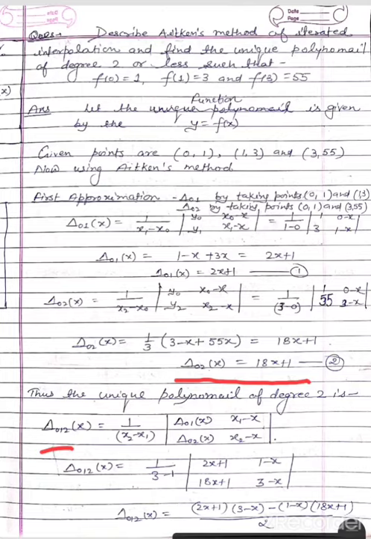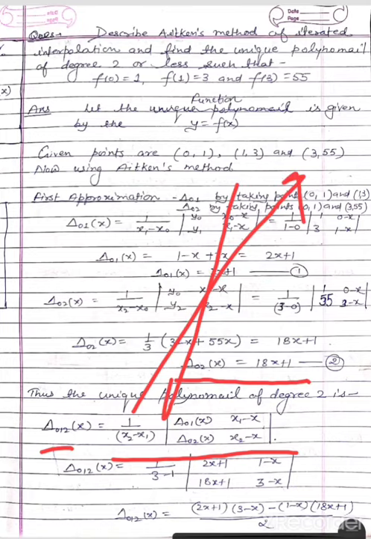So using the formula of the second approximation, delta 012 of x equals this. Here, as we can see, x2 is 3 and x1 equals 1, and delta 01 of x and delta 02 of x are given by equation 1 and equation 2.